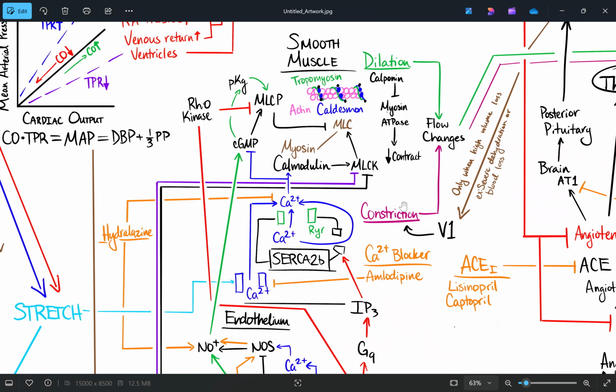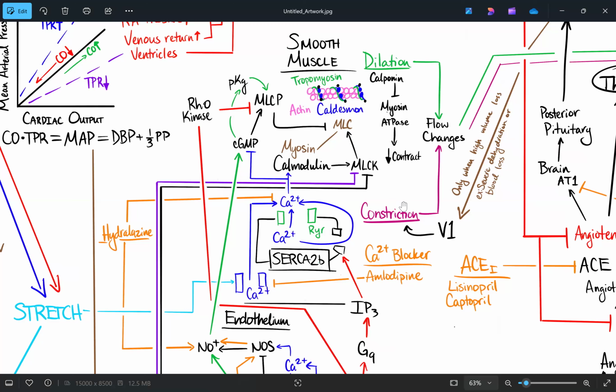It's kind of depressing, but we do what works for us. PKG is also involved in the activation of MLCP, as a fun fact, but those are just multiple ways of causing relaxation. So again, MLCK for contraction, and cGMP, give up, dilation because you're not contracting.